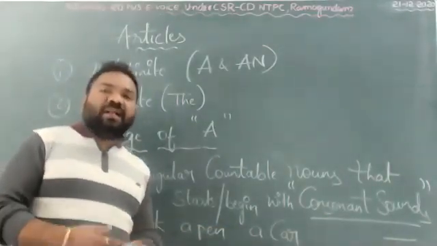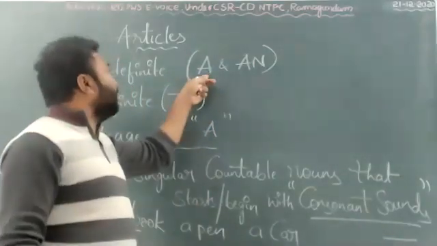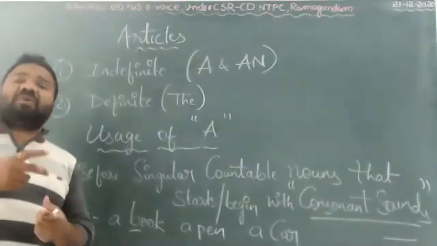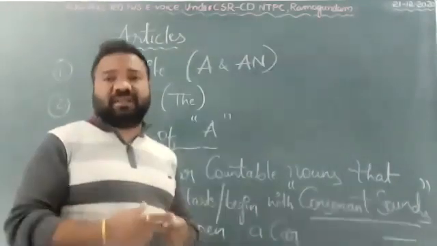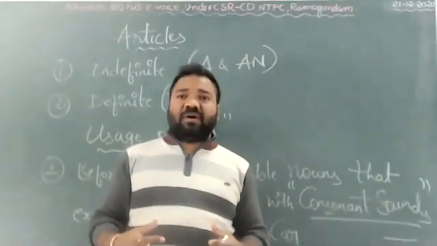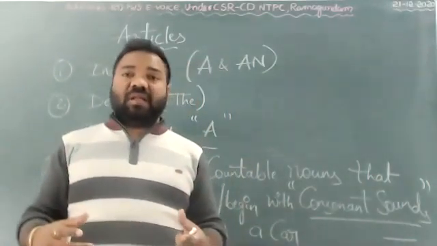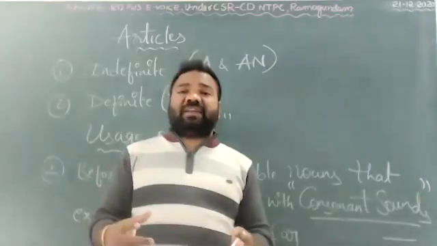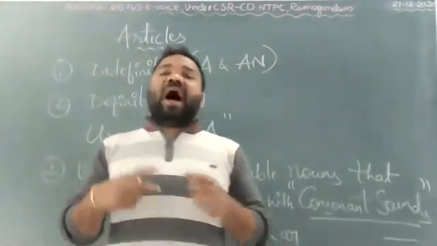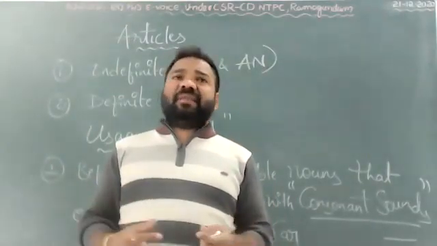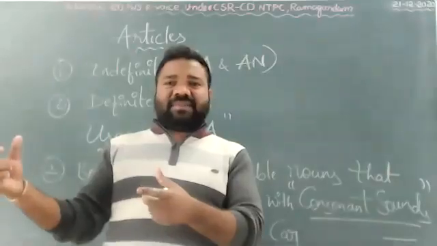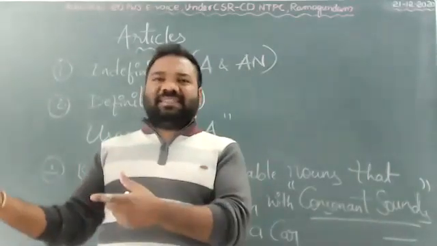And you know what? Why are these called indefinite articles? Why is a called an indefinite article? When the speaker or the writer is not at all specific. Like if I give one example, I saw a lizard. I'm not specific, I call it in general. I saw a lizard.